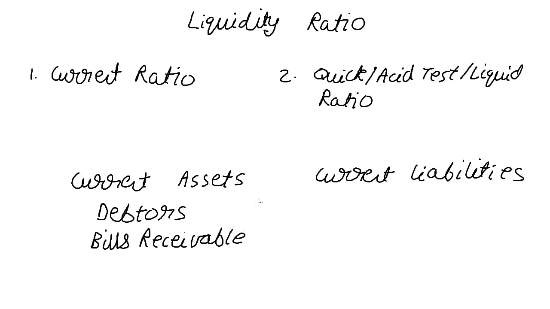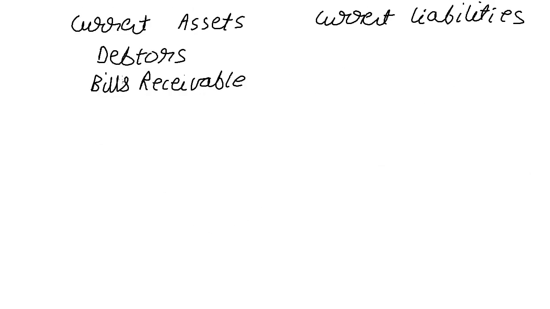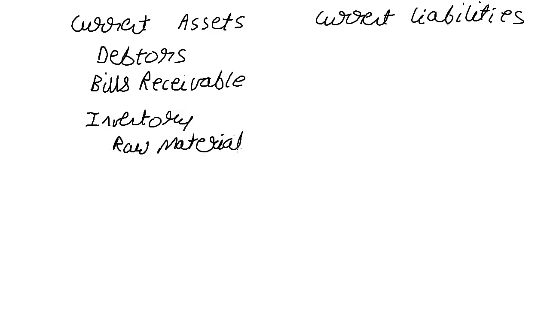Then what else would come under current assets? Think about inventory. Inventory itself can be broken up into raw material, work in progress, and finished goods.